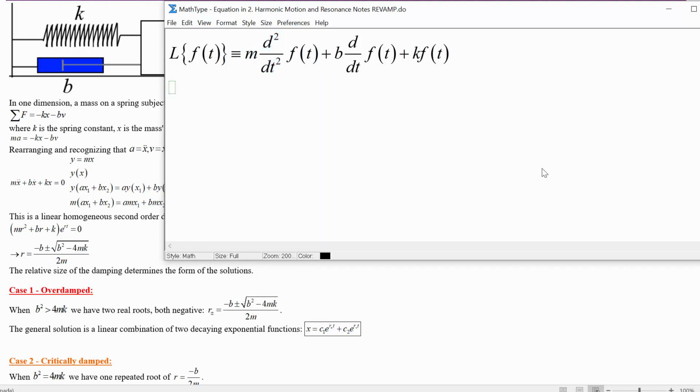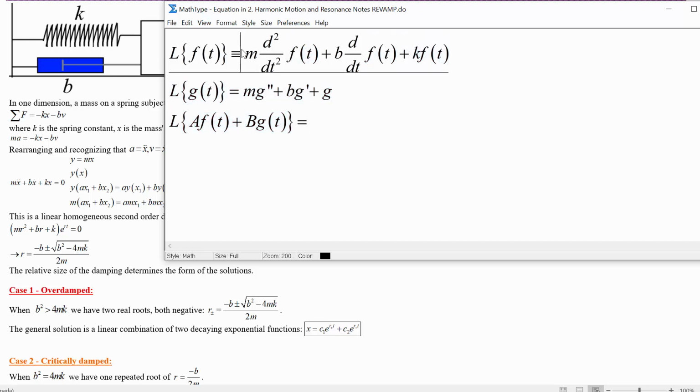We can demonstrate that. So here's L at f at t, right? L at, let's say, g at t would then be equal to m g double prime plus b g prime plus k g. And we could show that it's linear by seeing what L of a f at t plus b g at t would be equal to. So let's pretend we don't know that it's linear already, and we'll substitute this in for the thing that's after the derivatives there.